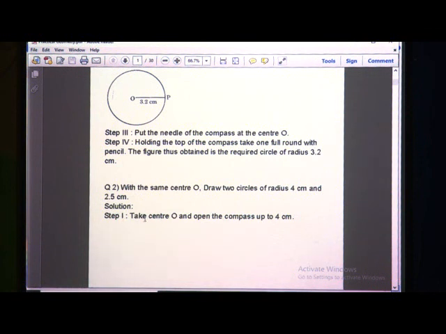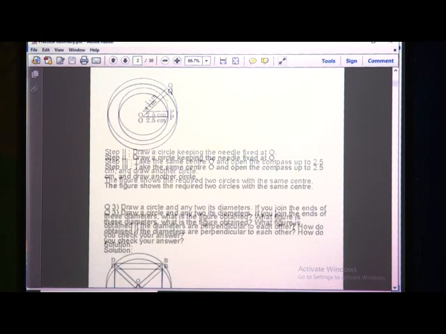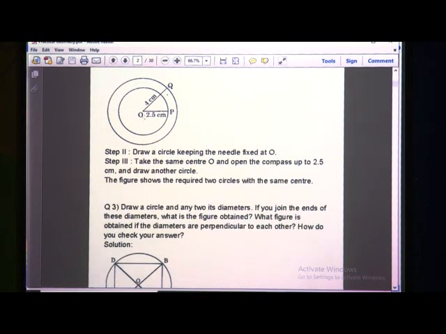So first of all, take center O and open the compass up to 4 centimeters. So we have taken the center O, taken a ruler and measured the length of 4 centimeter, and placing the pointer of the compass on point O, drawn a circle.